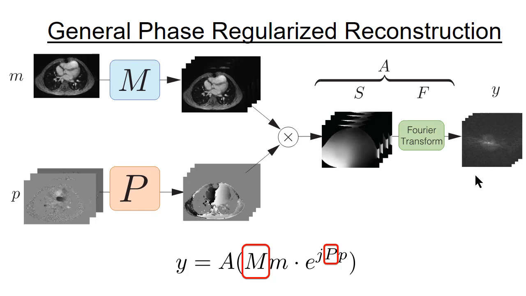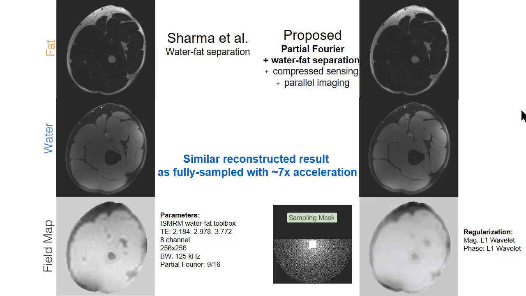So one thing we can do with it is partial Fourier image reconstruction and water-fat separation combined with compressed sensing and parallel imaging. On the left, we have the state-of-the-art method applied on a fully sampled data set. And on the right, that's the proposed method applied on an almost 7 times accelerated k-space measurements.